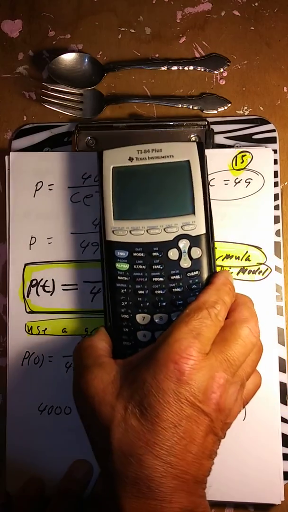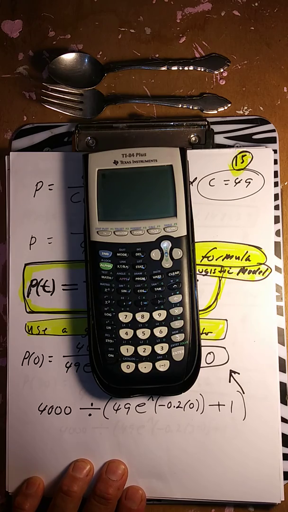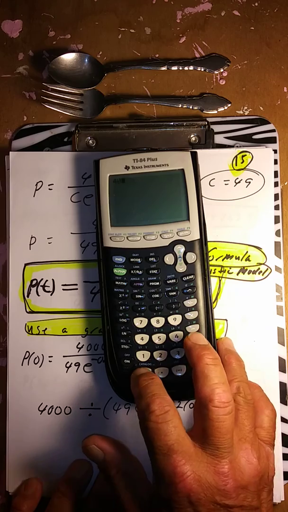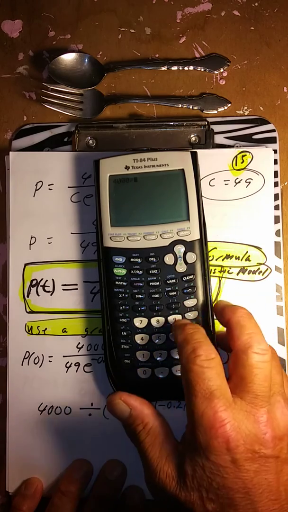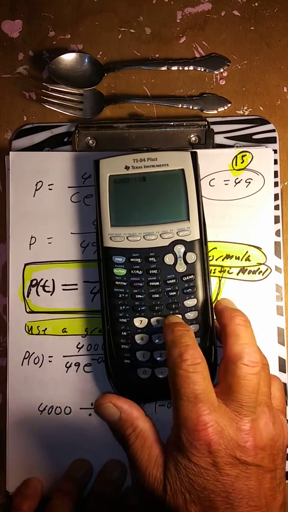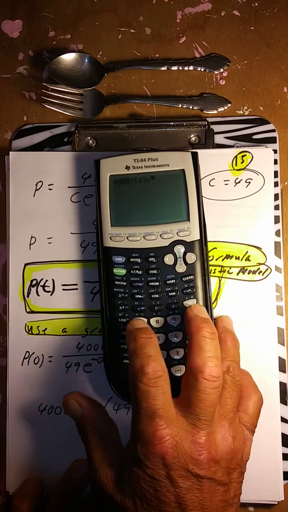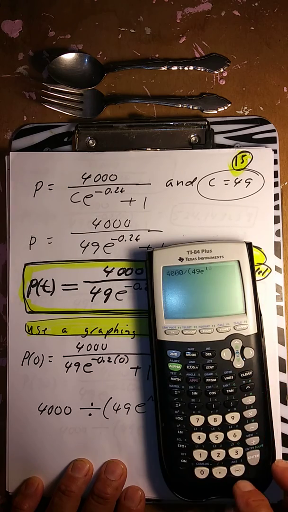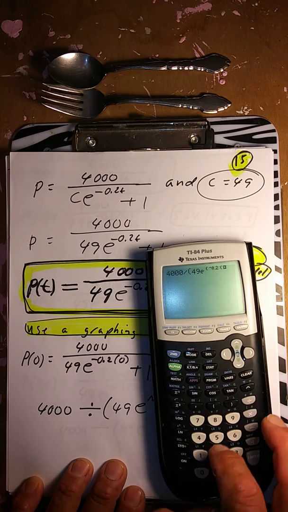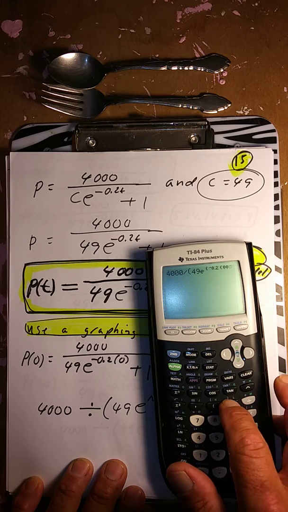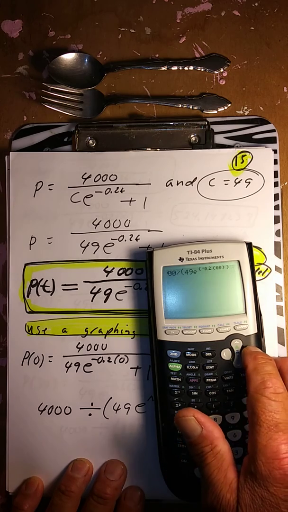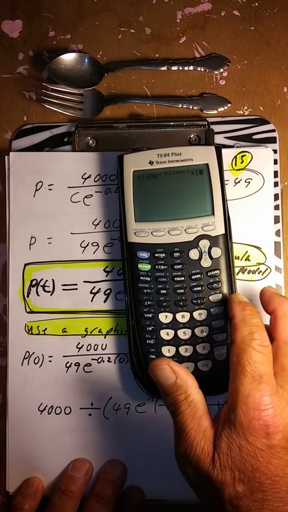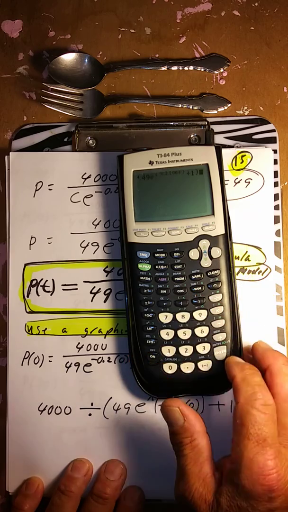So let me put that in my machine here. 4,000 divided by parentheses 49, second ln, parentheses negative 0.2, parentheses 0, plus 1, close parentheses.